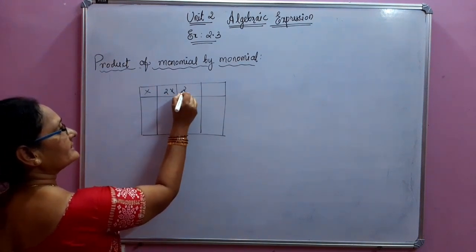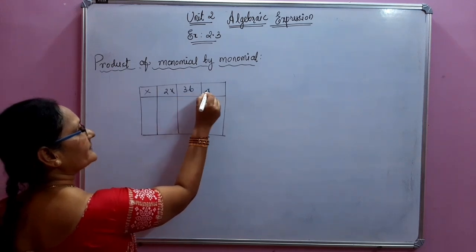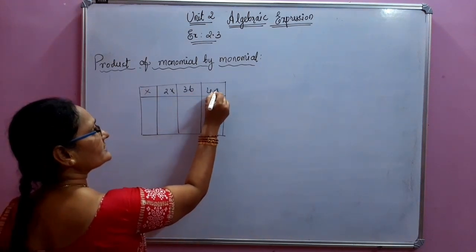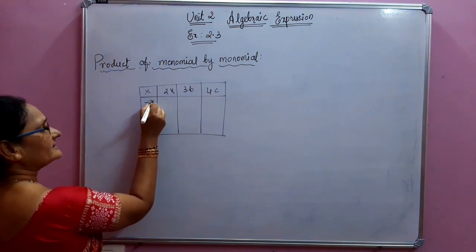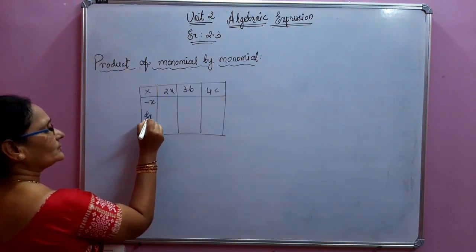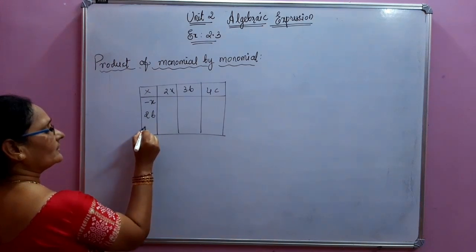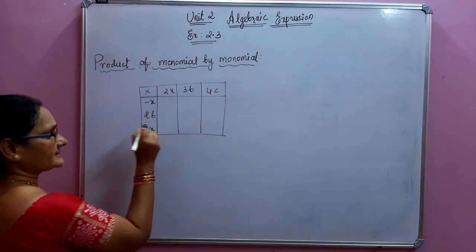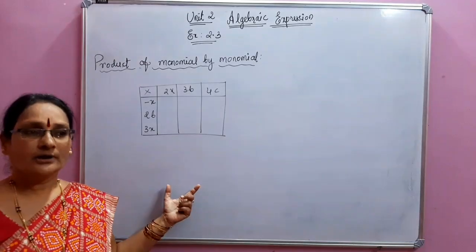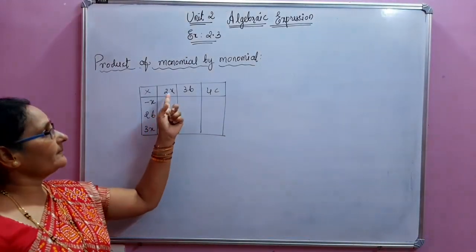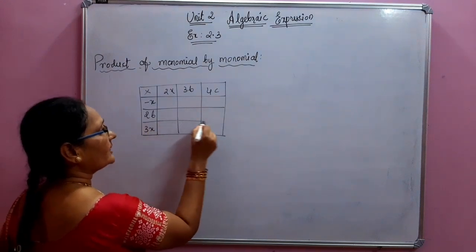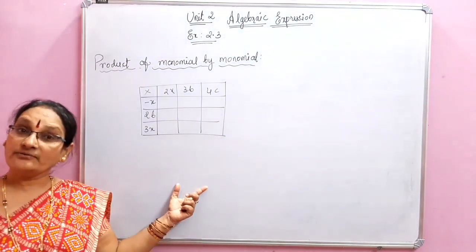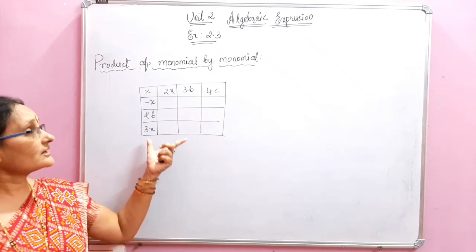Here 2x, here 3b, here 4c, here minus x, 2b, 3x. Now I will show you how to multiply monomial by monomial in this case. The same way in your exercise, one table you are having, you can solve it easily if you concentrate on this.